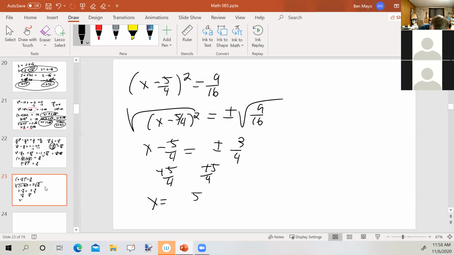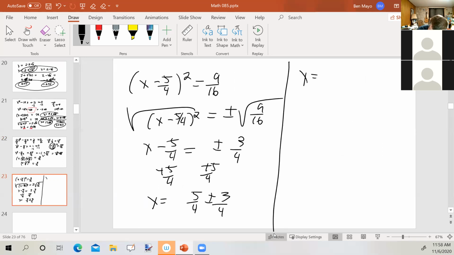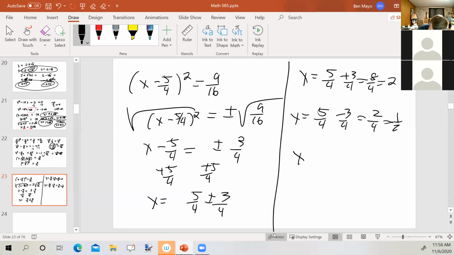So x equals 5/4 plus or minus 3/4. So x equals 5/4 plus 3/4, which is 8/4, which is 2. And x equals 5/4 minus 3/4, which is 2/4, which is 1/2. So x equals 2 and x equals 1/2. No decimal approximations needed here because the answers come out to a nice number.